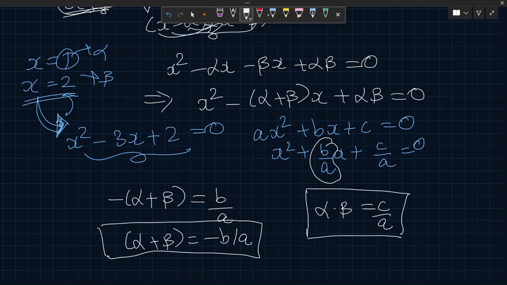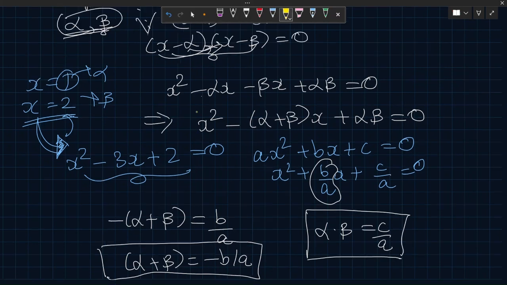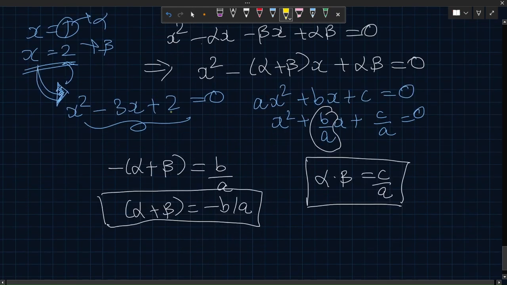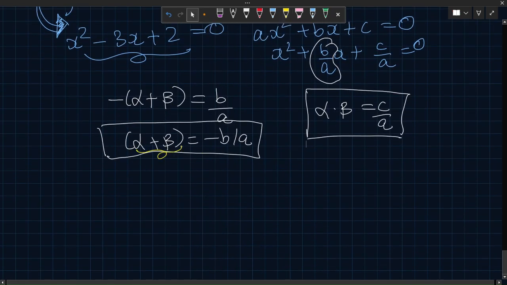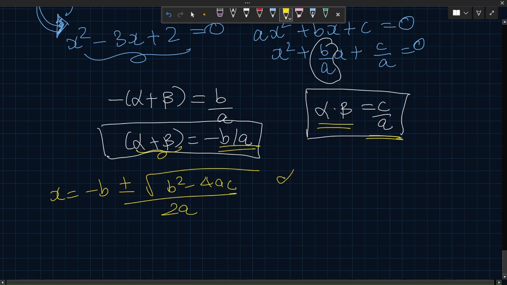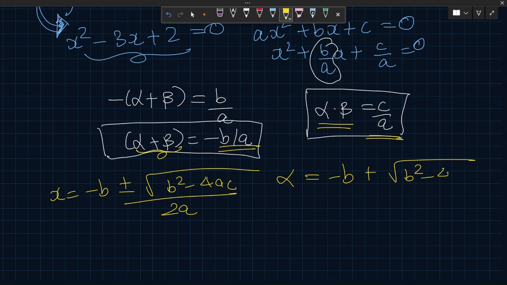So even though you need to actually solve the quadratic equation this way to get the roots, you can say that the sum of roots of a quadratic equation is minus b by a, and the product of the roots of a quadratic equation is c by a. And actually, if you just see, x is minus b plus minus square root of b squared minus 4ac divided by 2a, which means I can say alpha, one of the roots, is just minus b plus square root of b squared minus 4ac by 2a.